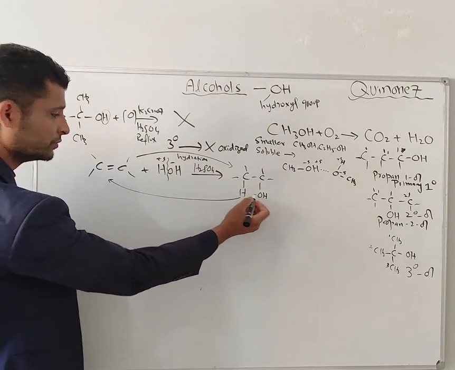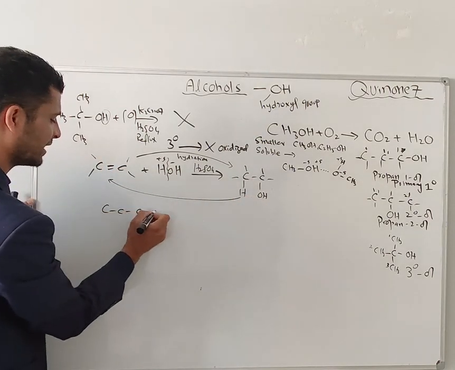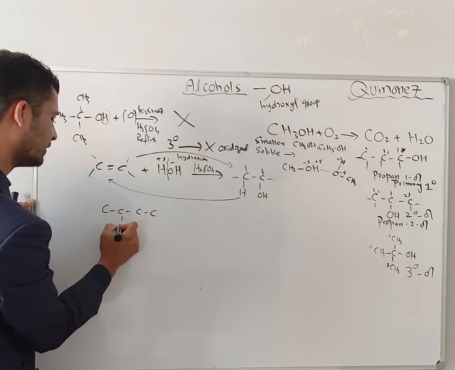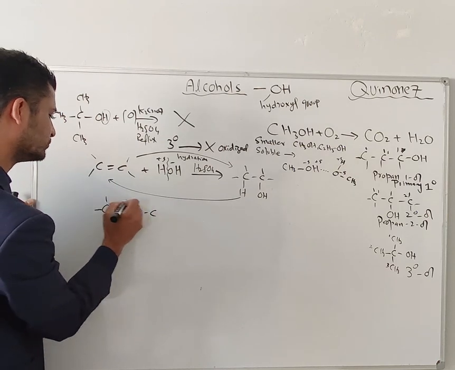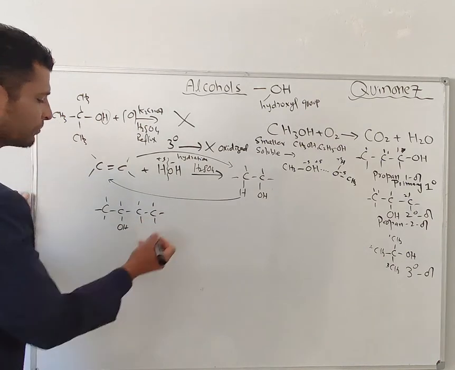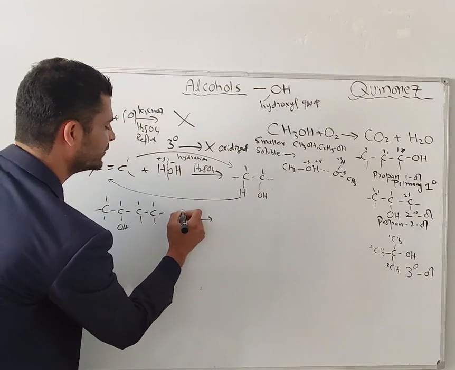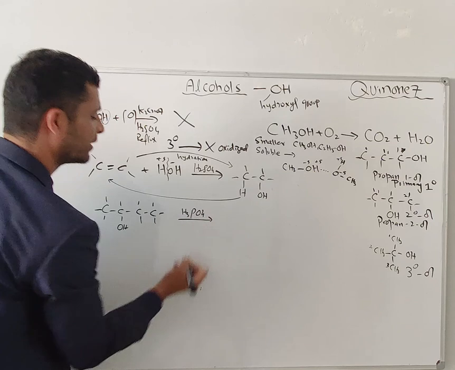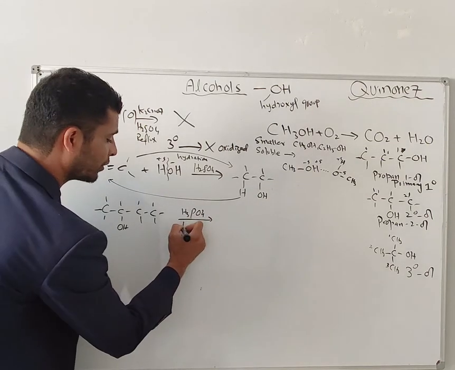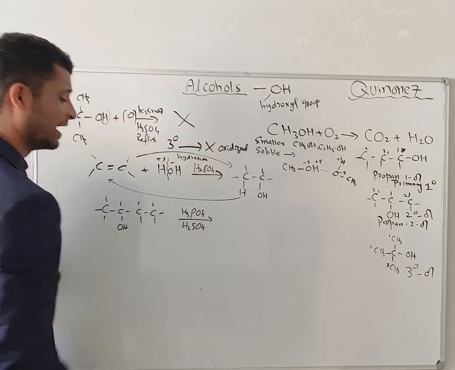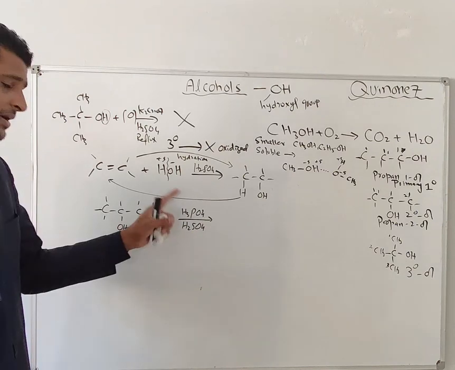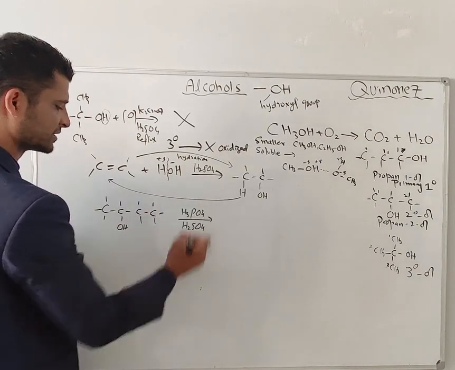So for example, if I have butan-2-ol, I'm going to do dehydration, which will happen under H3PO4, or in the classroom under H2SO4. One of them can do the job for you, but on an industrial scale we use H3PO4.